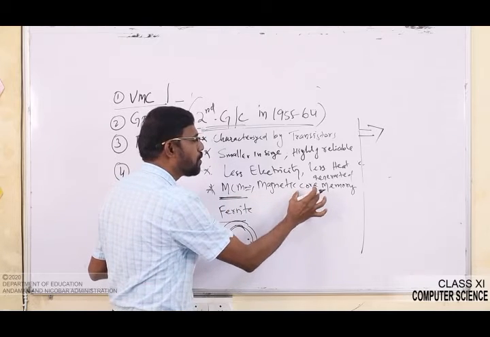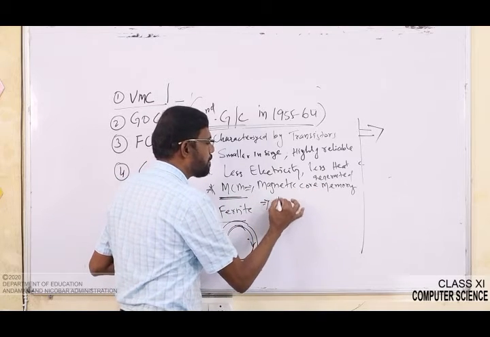So, the magnetic core memory is considered a primary memory.